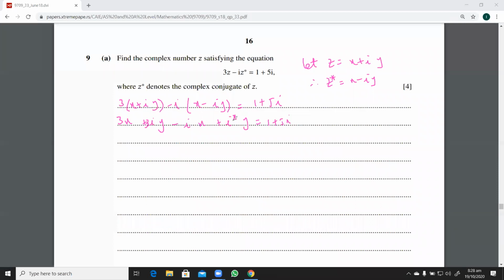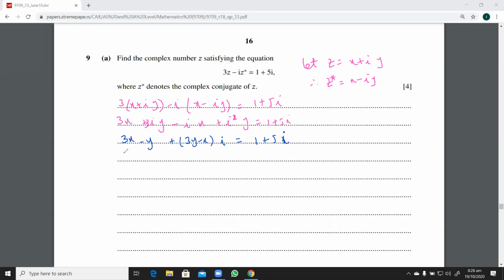3x and from here minus y. So we have 3x minus y, and I'm just going to take iota common here. This is going to be 3y minus x iota, that is equal to 1 plus 5 iota.